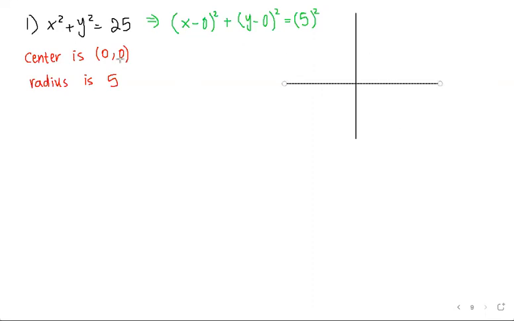So the center is 0, 0. So here's the 0, 0. And the radius is 5. So this is 5, and the same thing for here, minus 5.